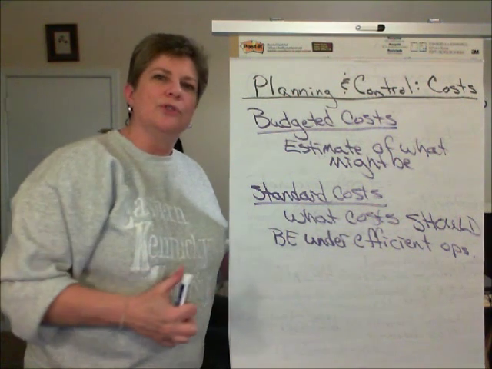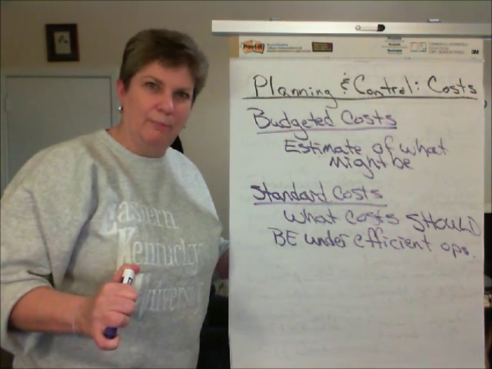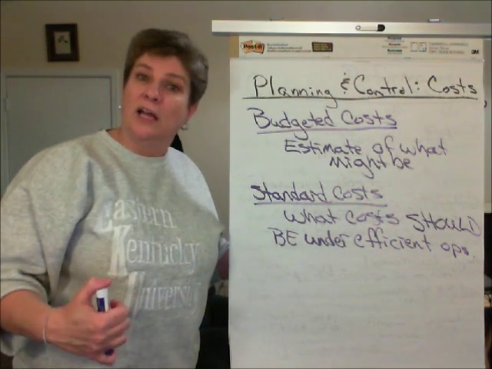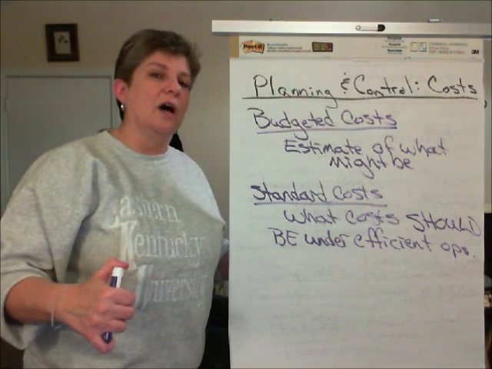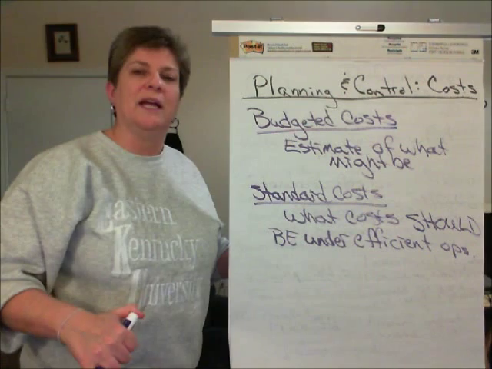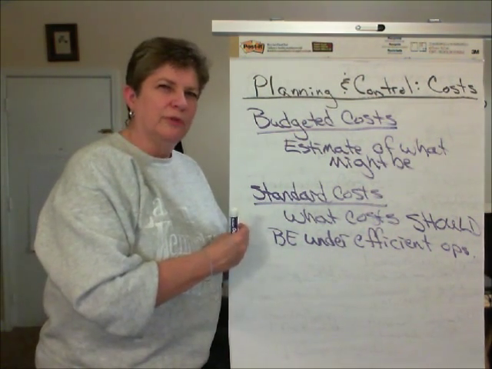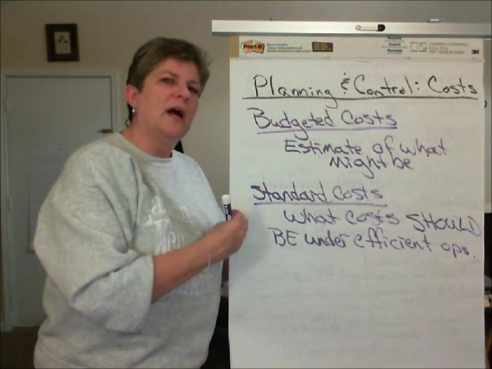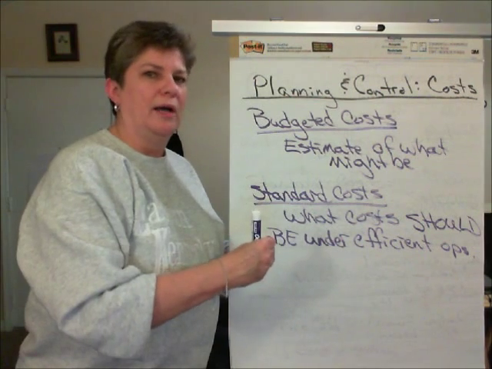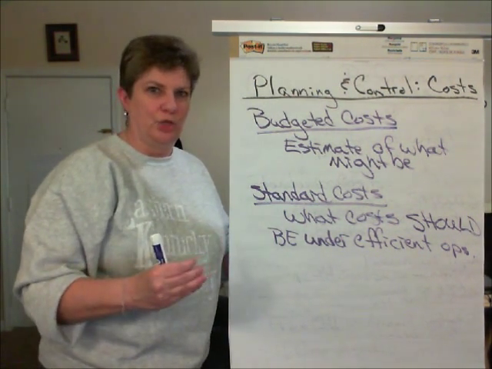But standards are, again, very carefully determined based on engineering studies, a careful analysis of the economy and what we expect the cost of our resources to do given the economy and the supply of those resources. So a very careful determination of what the inputs into our product should cost us under efficient operations.